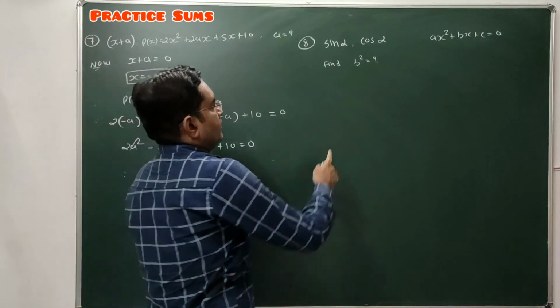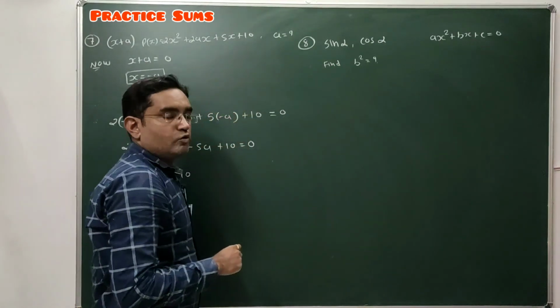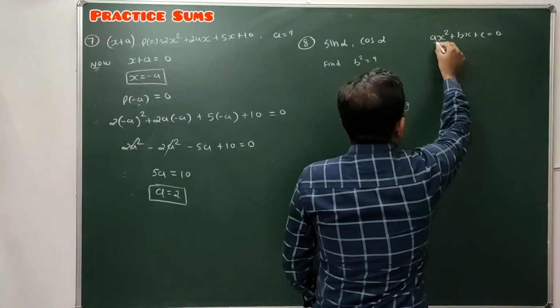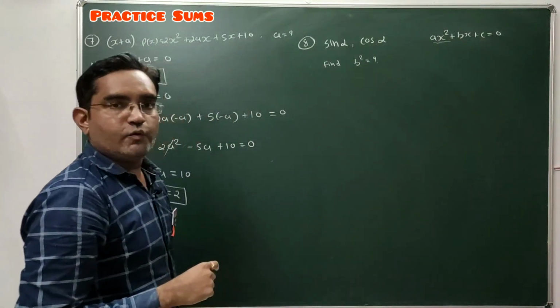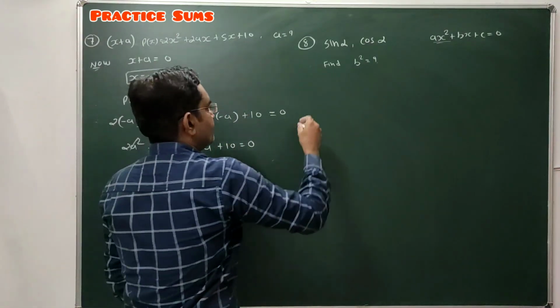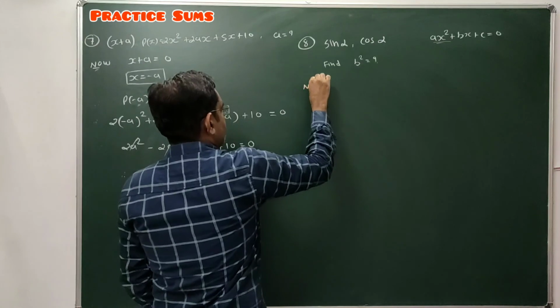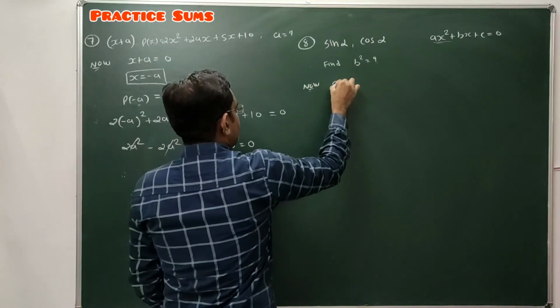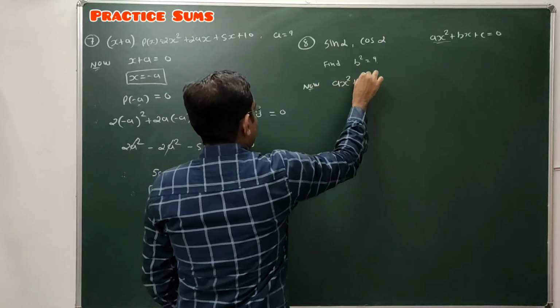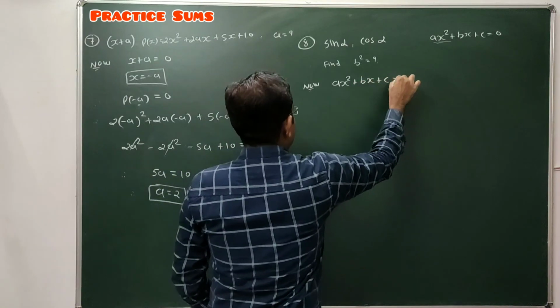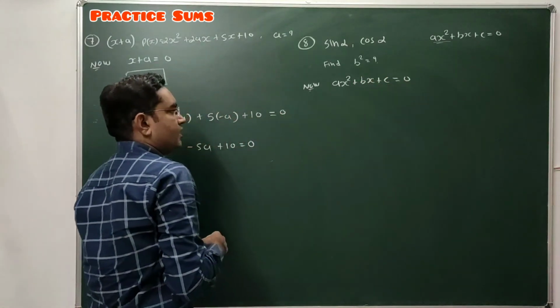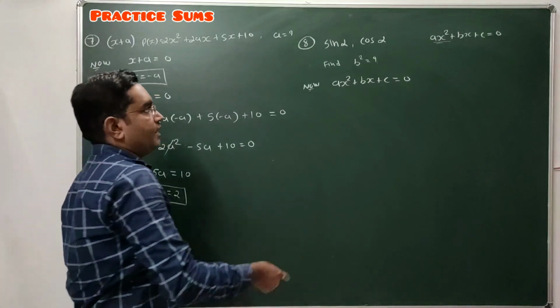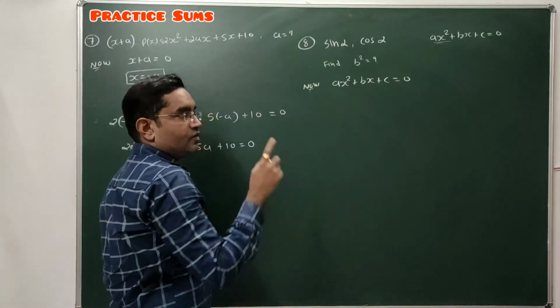So students, sin alpha and cos alpha are the roots of this given equation. Given equation is quadratic equation. For quadratic equation, two roots are there. So now, given quadratic equation is ax square plus bx plus c equal to 0, and two roots are alpha and beta, where alpha is sin alpha and beta is cos alpha.